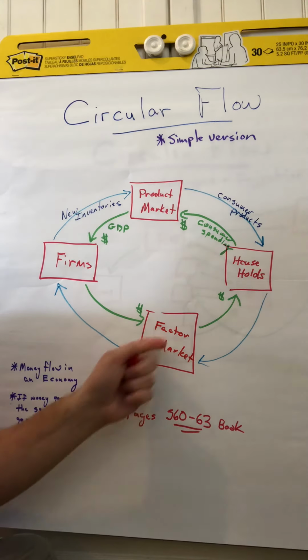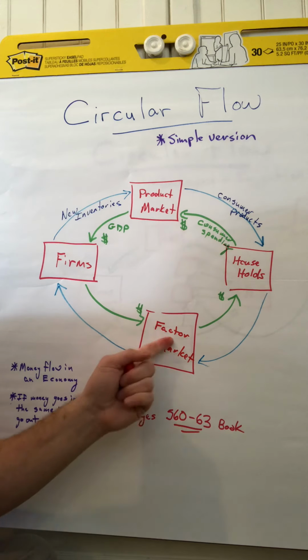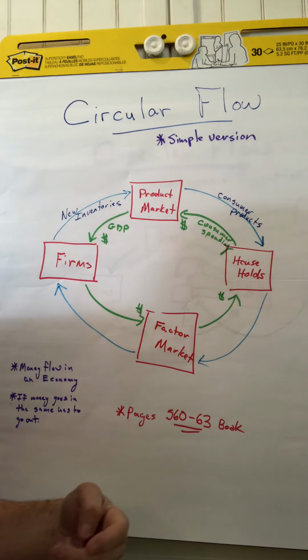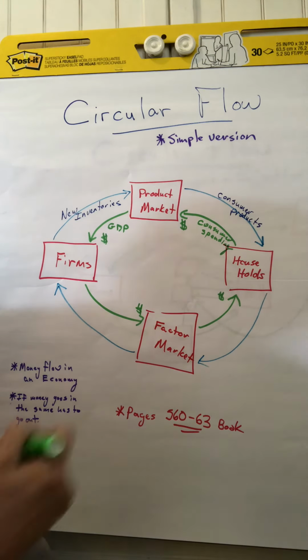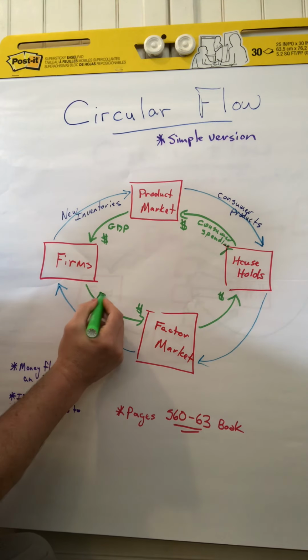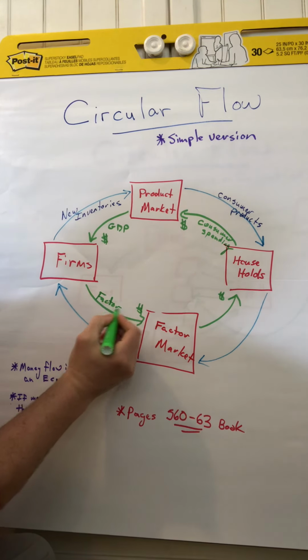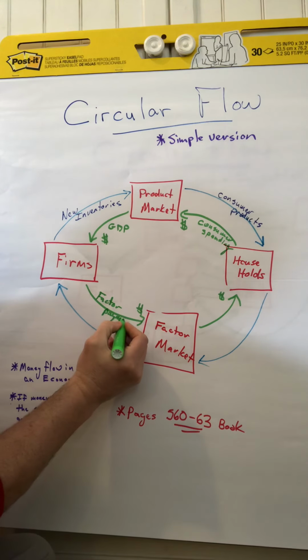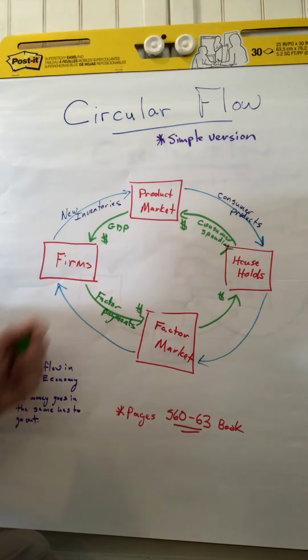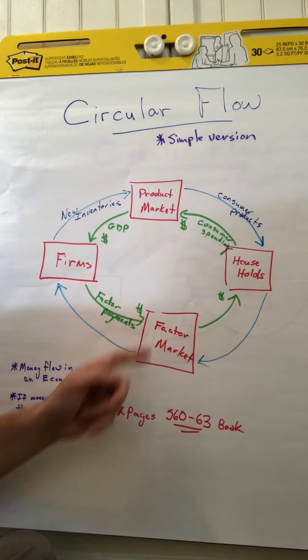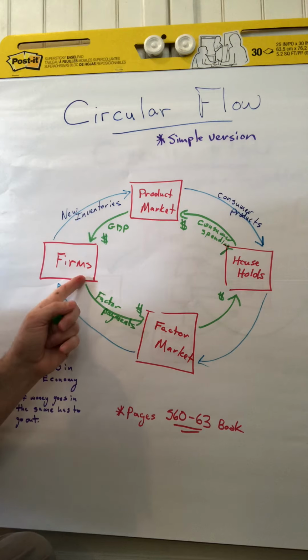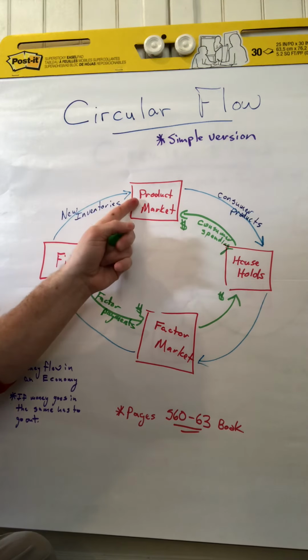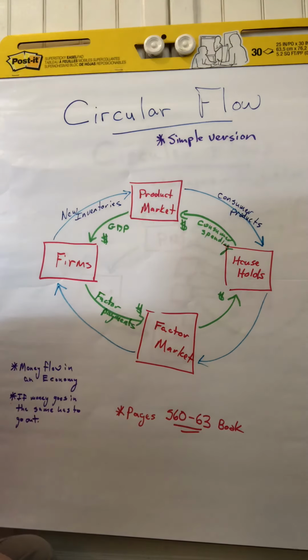In the intro unit, we went through and we talked about the factors of production. The factor market is the place that people would go buy, or firms would go buy, the factors of production from. So the money being spent here are called factor payments. And that would be the money spent by the firms to go ahead and buy the land, the labor, the capital, things that would go into producing the products that they could supply to the product market that households would be able to buy.